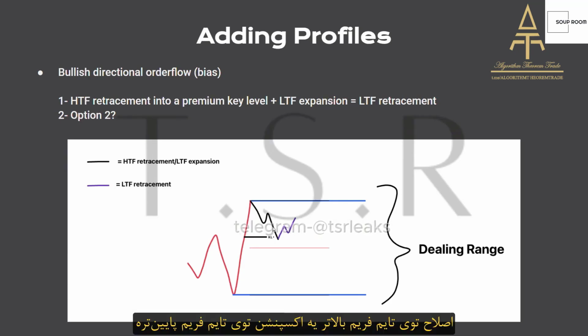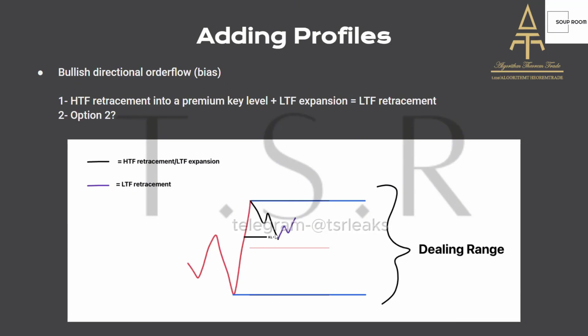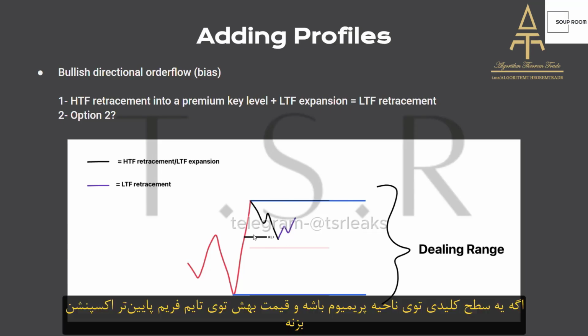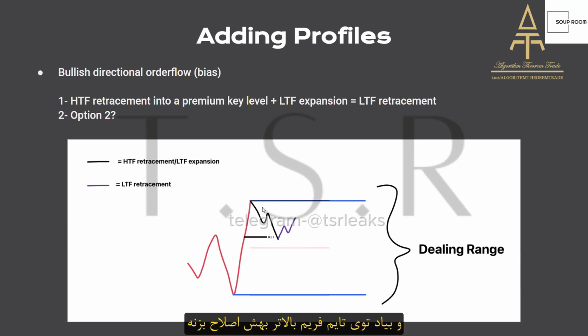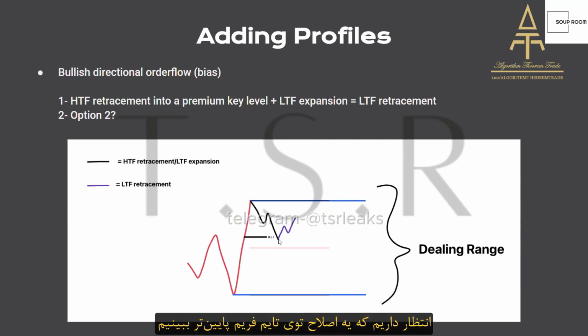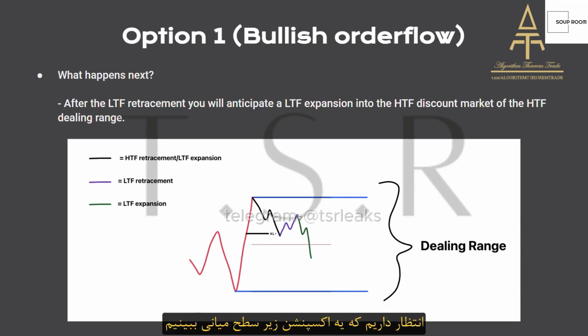A retracement on the higher time frame is an expansion on the lower time frame into a premium key level. If there is a key level in a premium and price expands to it on the lower time frame, retracing to it on the higher time frame, we will then expect to see a lower time frame retracement. Right after this lower time frame retracement, we will expect to see an expansion below the midpoint.